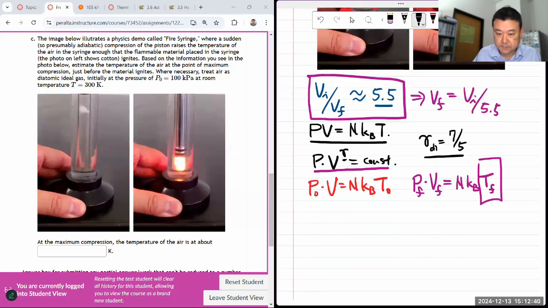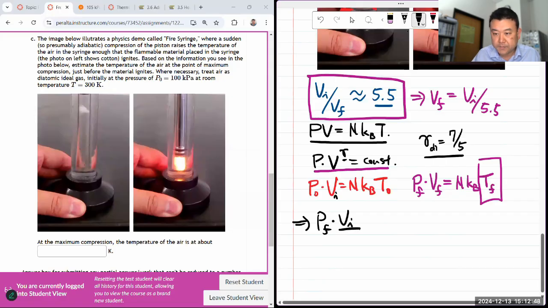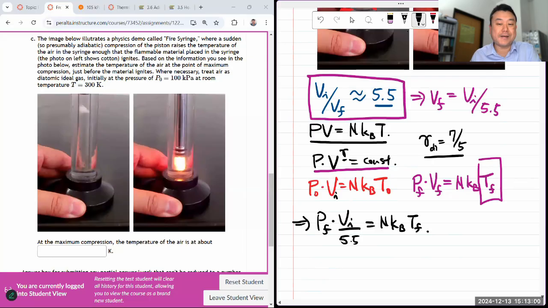Putting that in, I have P final times V initial divided by 5.5 is equal to N kB T final. Still not good because we don't know V initial, although we can figure out V initial from here, I guess.